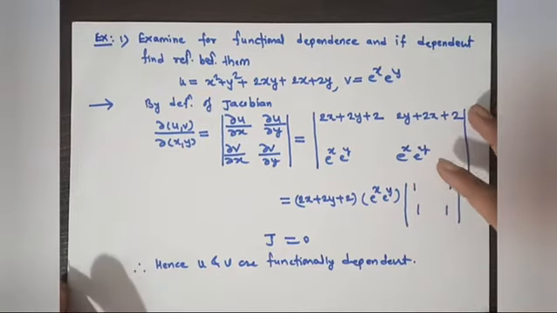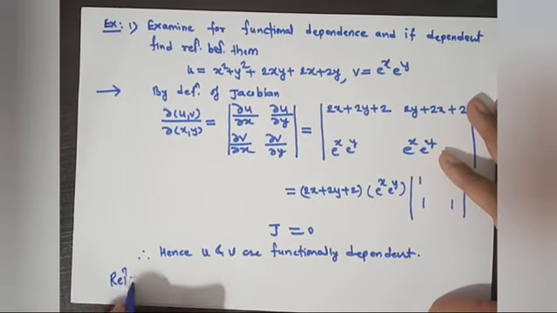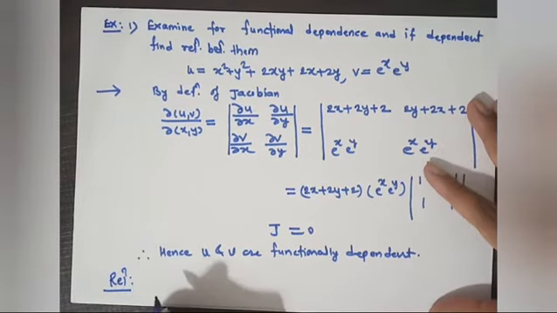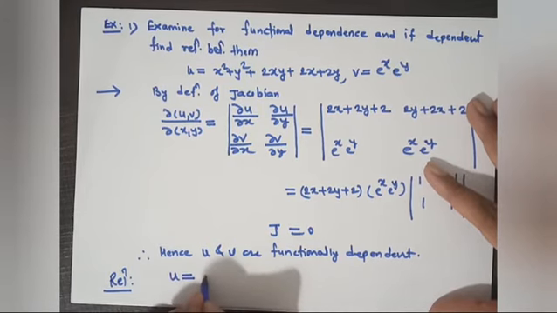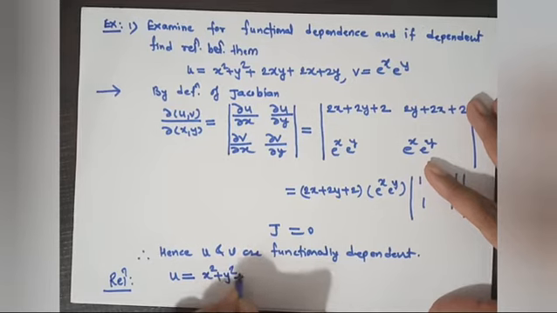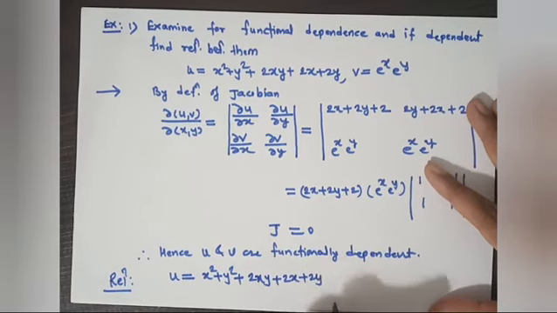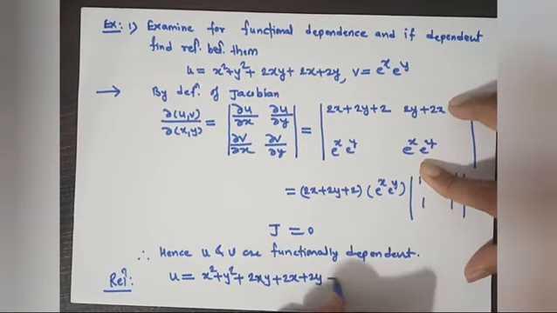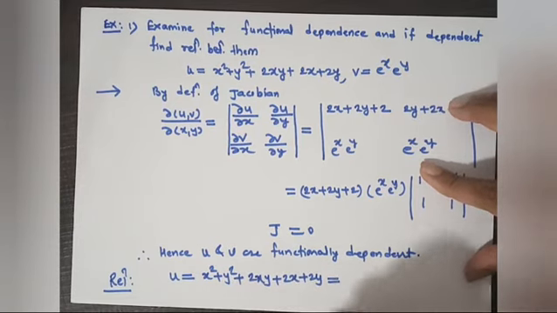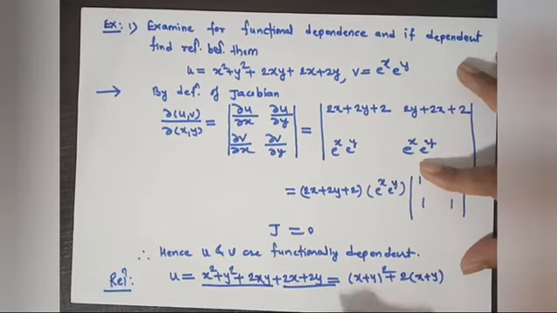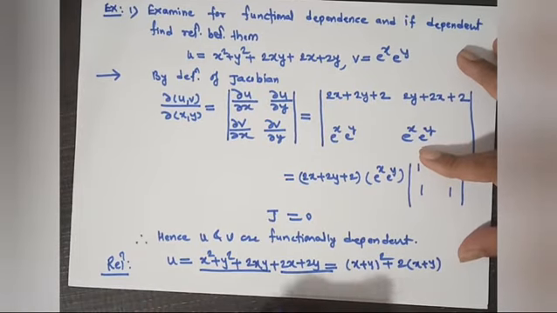Now what is the relation between them? Find the relation between u and v by eliminating x and y. Here u is given as x square plus y square plus 2 times xy plus 2x plus 2y. Now I can write this as x square plus y square plus 2 times xy written as (x plus y) whole square, and plus 2 times x plus y.